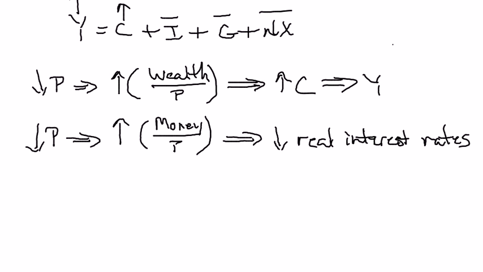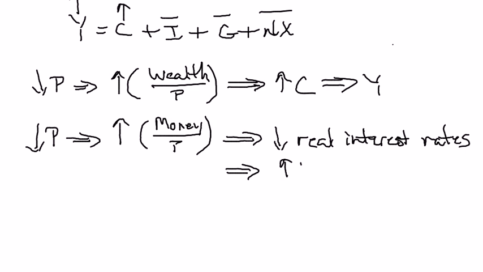So for right now, we'll just say a decrease in the price level causes an increase in the real money supply. Real interest rates fall. And as you might remember, the real interest rate is the cost of borrowing to finance investment expenditures. So if the real interest rate falls, the cost of borrowing to finance investment expenditures falls. So there's going to be a bunch of investment projects that before were not profitable but now are.